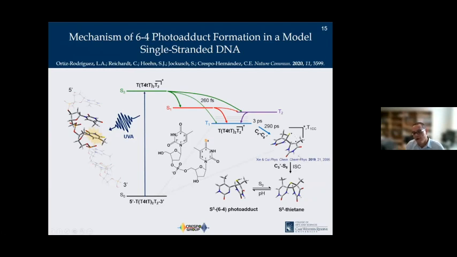And so according to the calculations of Cui, when this bond is formed, intersystem crossing back to the ground state occurs, forming the Thietane in the ground state, which then rearranges to form the 6,4 photoproduct.